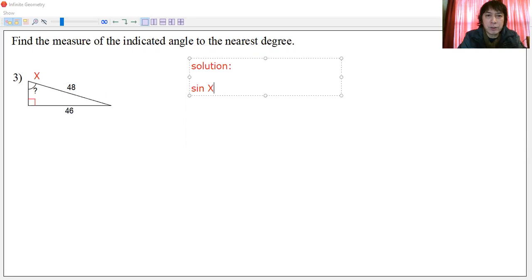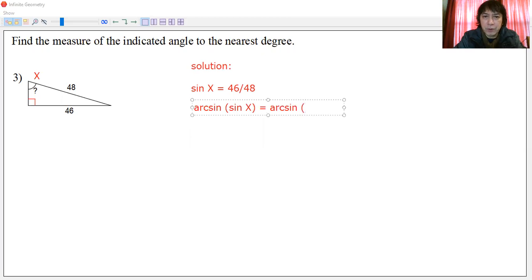Sine of X is equal to opposite side 46 over 48. And we will take the inverse function of both sides, and this will be arc sine of 46 over 48.